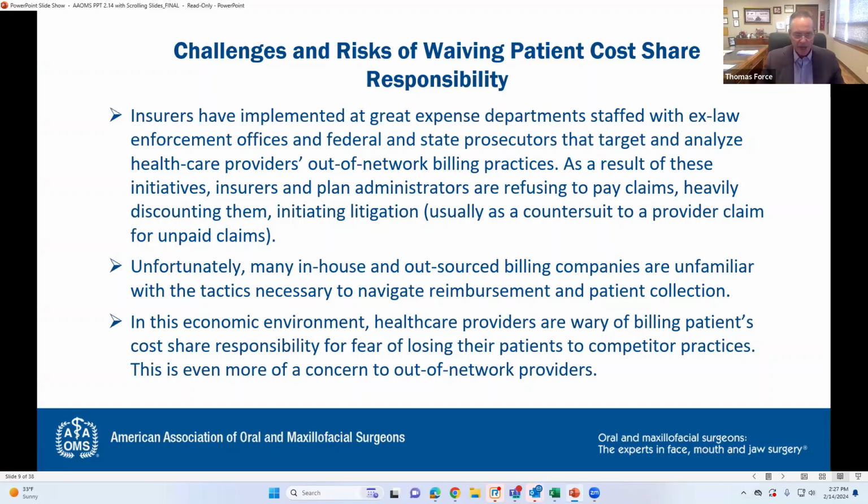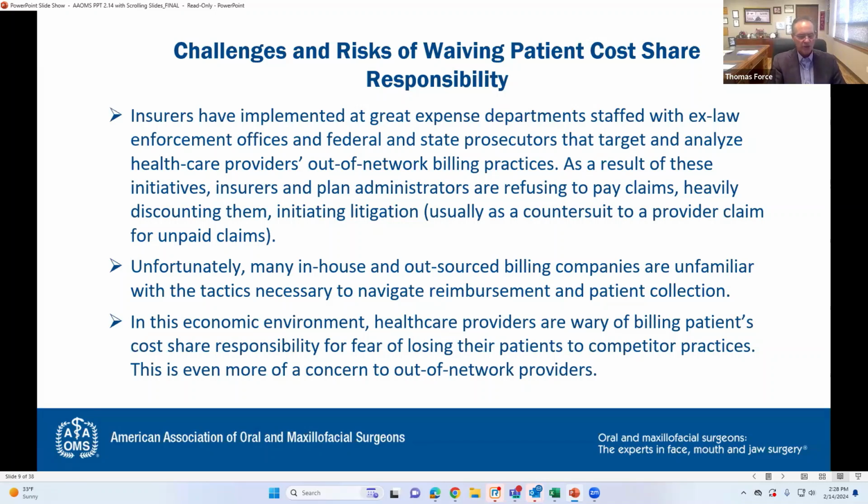As I state here, second bullet point, unfortunately, many in-house and outsourced billing companies are very unfamiliar with the tactics necessary to navigate reimbursement and patient collections, particularly if your billers only handle in-network. In-network is relatively easy. You're billing a service, it gets paid. You contractually write off the insurance balance, and then you bill the patient for their deductible and coinsurance.